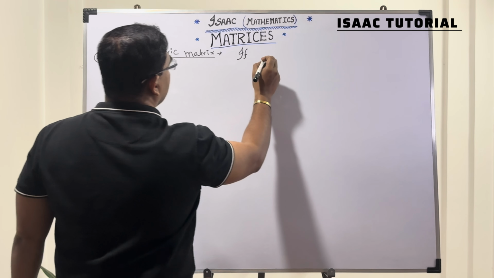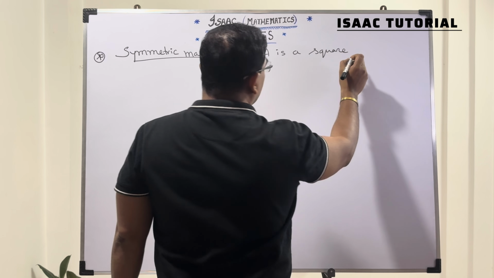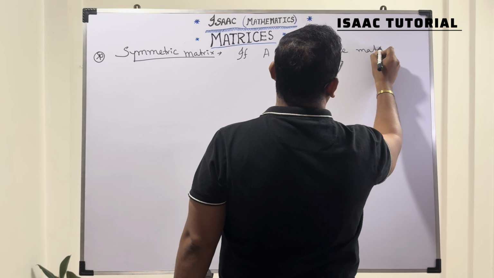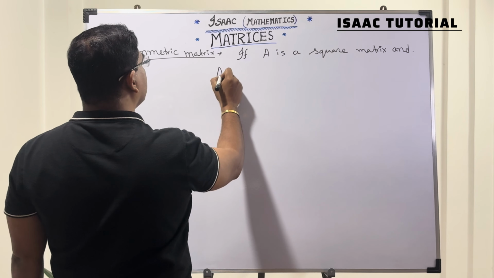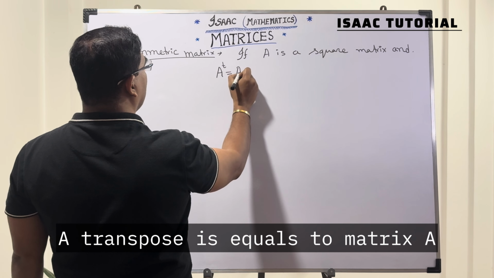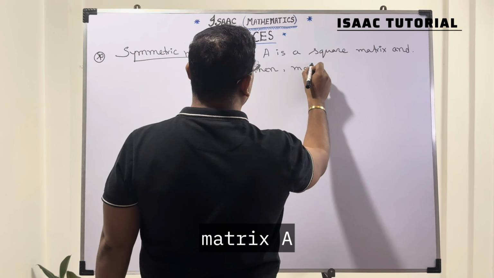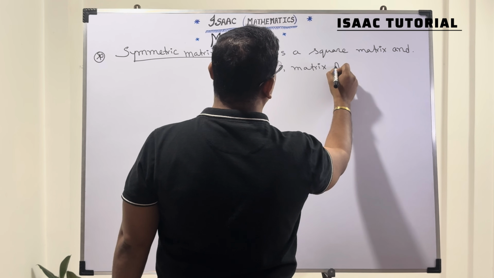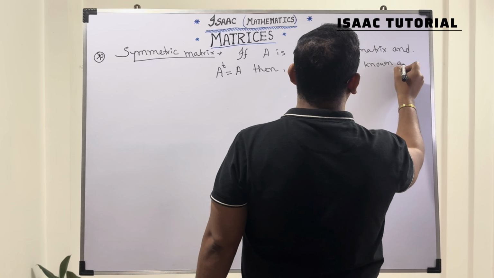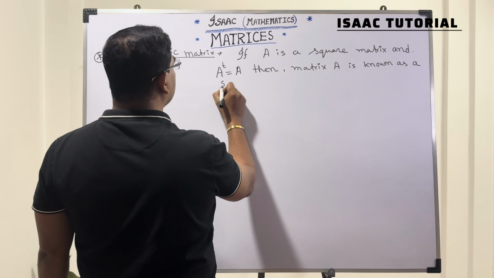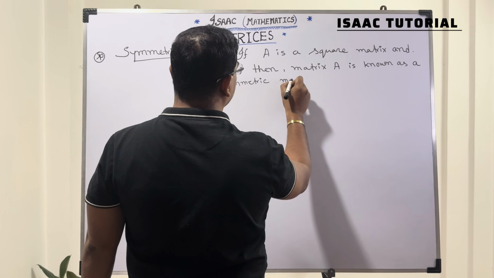If A is a square matrix and A transpose is equal to matrix A, then matrix A is known as a symmetric matrix.